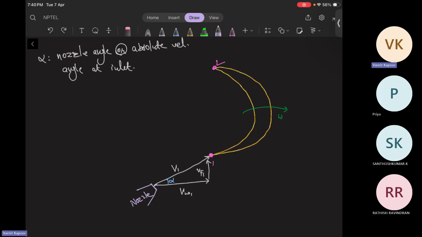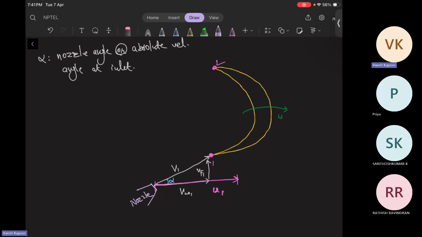And next, for the relative velocity, suppose this is my velocity u1. Then from the triangle law, the absolute velocity v will be the sum of u1 plus v relative 1.